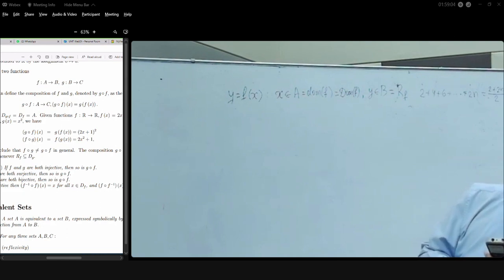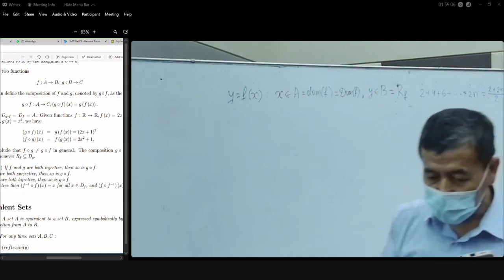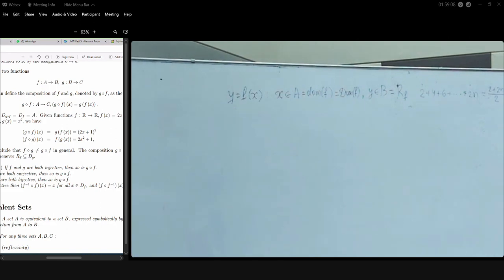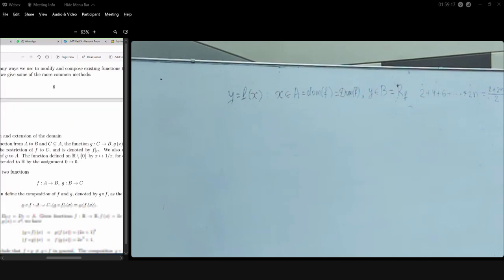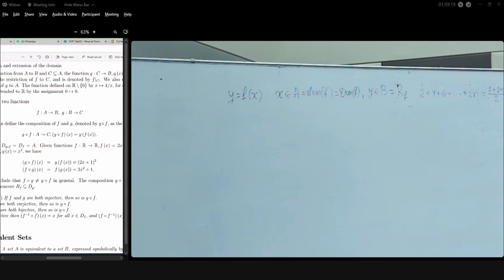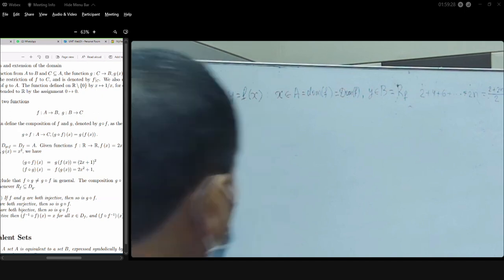So if we have 2 functions, before composition, actually there is one more restriction. Before composition, what is the restriction or extension? Usually we call it extension of the domain. Please pay attention.